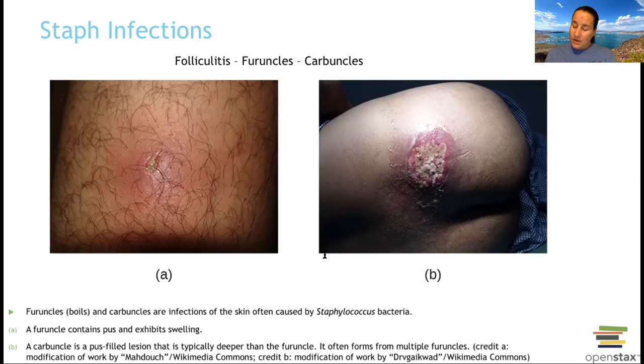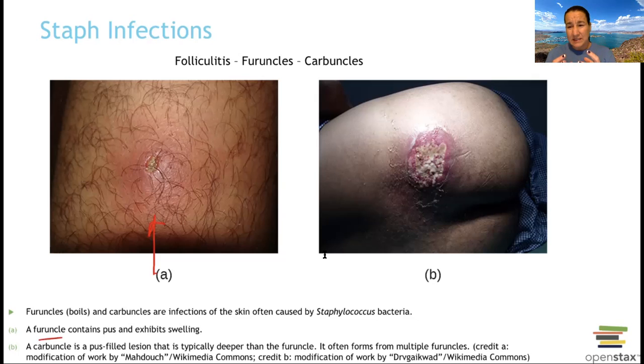So we have folliculitis, furuncles, and carbuncles. Here we are going to have a furuncle. That's this guy. It doesn't look nice. It's going to have pus in there, these dead white blood cells. It's producing pus; it's purulent, as a furuncle. Carbuncles are pretty much just a whole bunch of furuncles together.